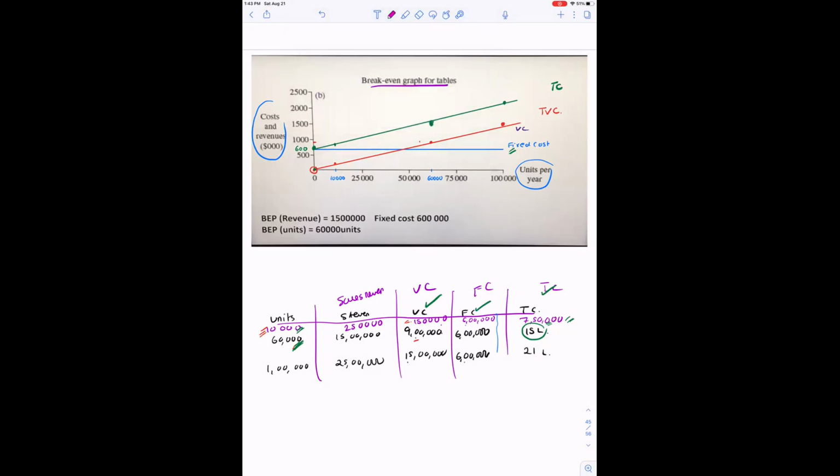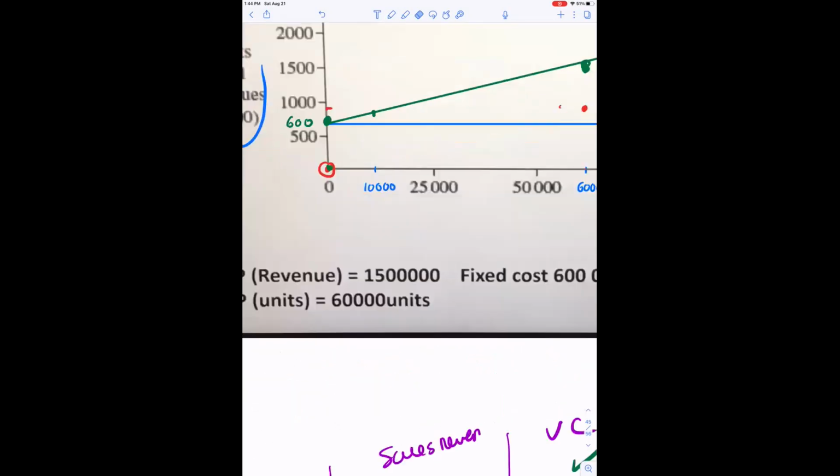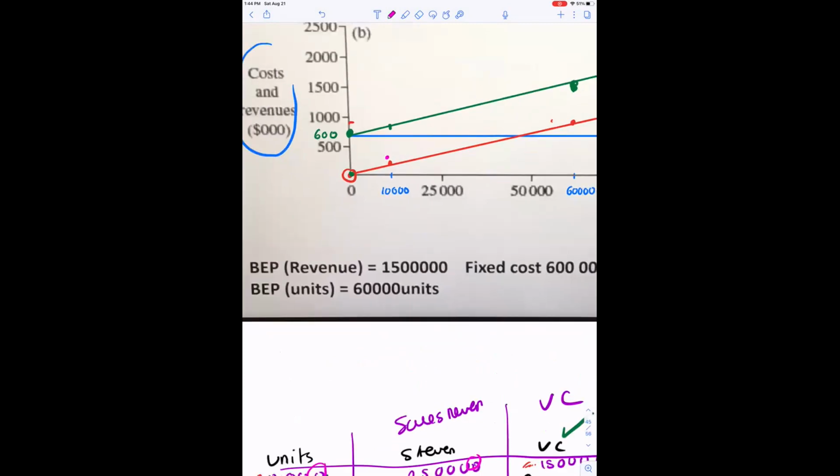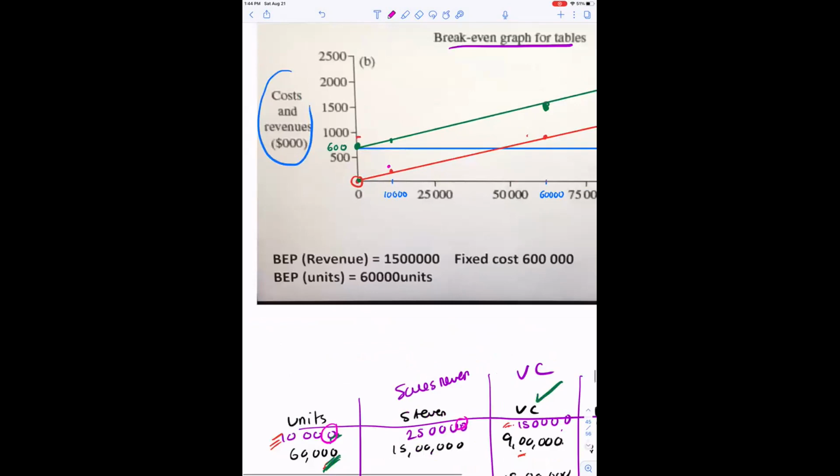Total revenue. When I'm producing 10,000 units, my total revenue is 2,50,000, a little below 5 lakh. If I produce 0 units, my total revenue would be 0.